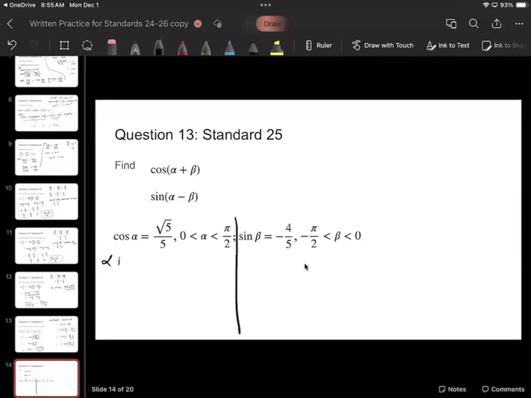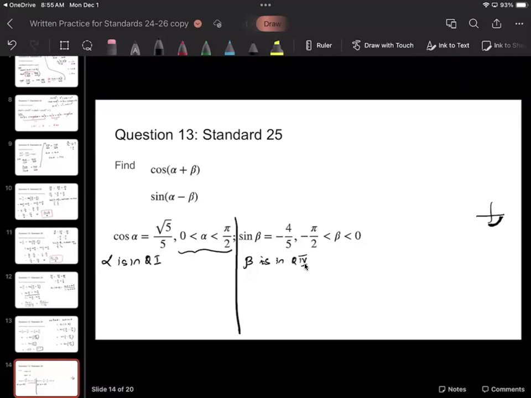So alpha is in quadrant 1, correct? Because it is between 0 and pi over 2. Whereas the second angle, they're saying that it is between negative pi over 2 and 0. So that is in quadrant 4.